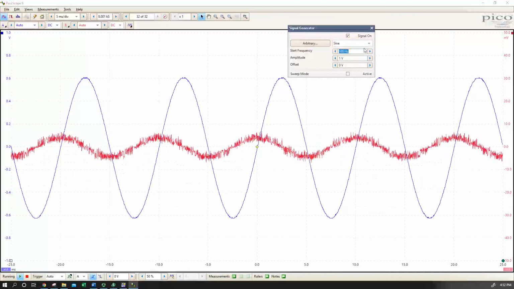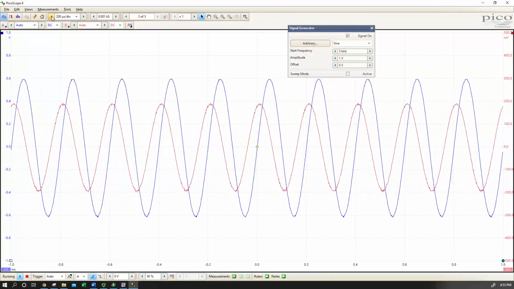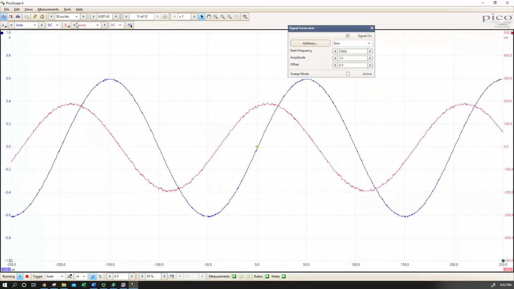But if I change to something moderate, 5K, and reduce my time per division because I'm at higher frequency, now I'm at 500 millivolts full scale for my load resistor, and still at 1 volt for my full circuit. So now I'm dropping something on the order of 1/3 of the total circuit voltage over my load.